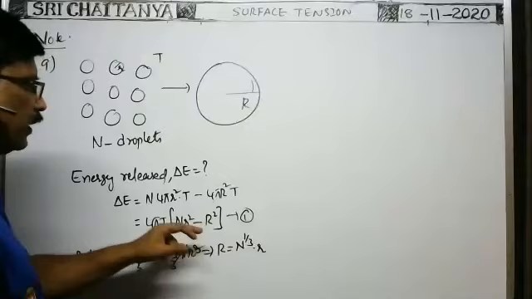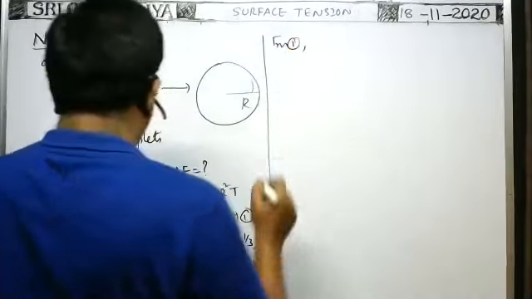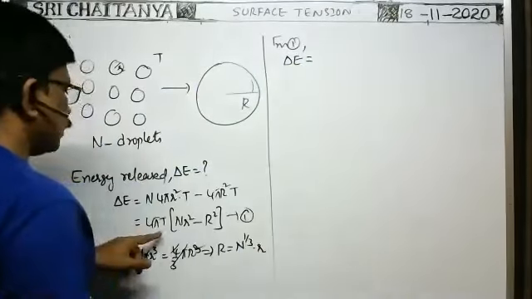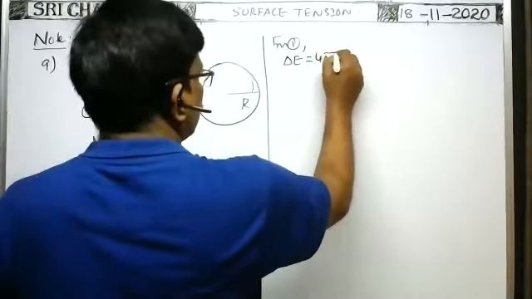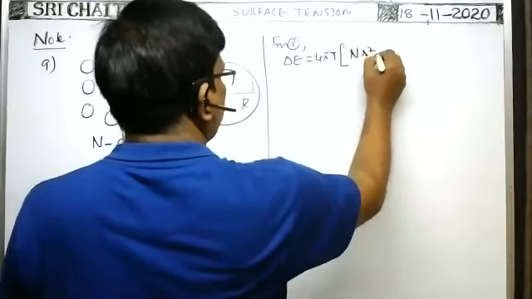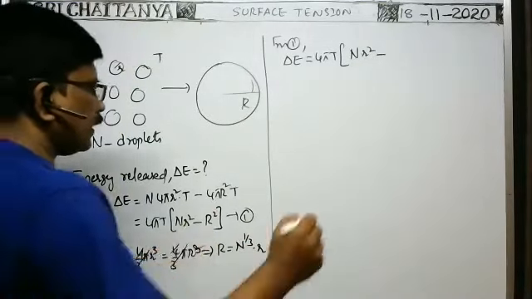Now we substitute this value here. Therefore, from 1, energy released is equal to 4 pi T into n small r square minus capital R, which means n to power of 1 by 3 small r, whole square.